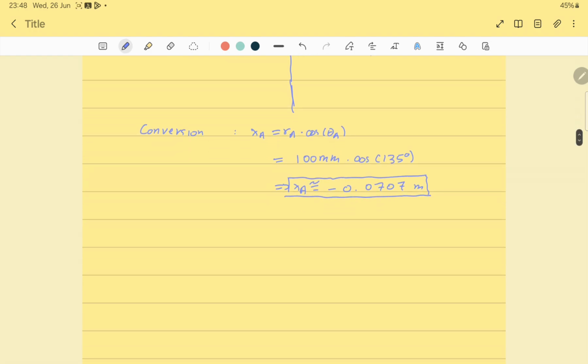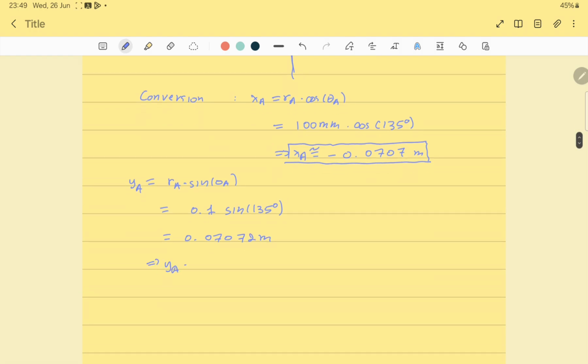Now I can convert also and find what is the Y coordinate. YA coordinate is RA times sine theta A, so this is 0.1 times sine 135 degrees, and this gives me 0.7071.